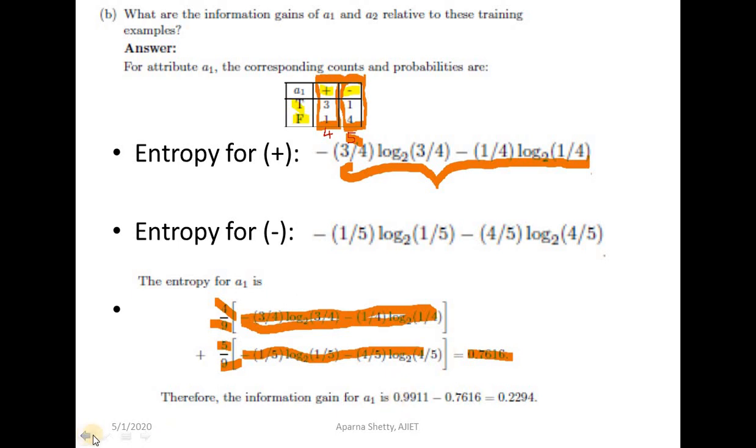Minus the entropy of this child node A1, 0.7616. So 0.2294 is the information gain.